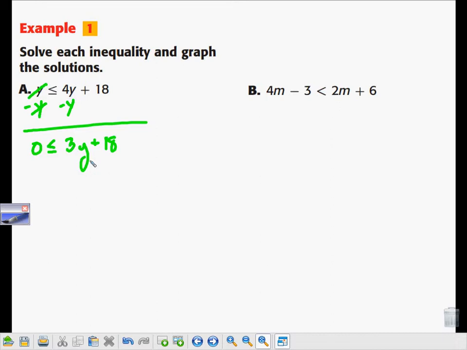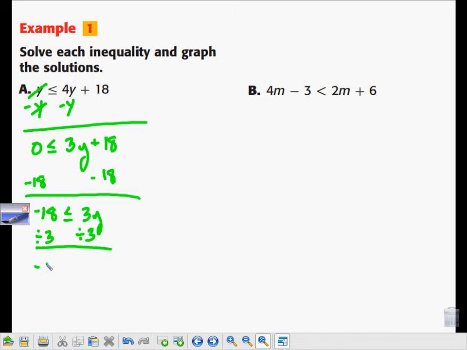Now I'll isolate the y variable, with it only on one side already. So take away the 18. Negative 18 is less than or equal to 3y. Divide both sides by 3, and I have negative 6 is less than or equal to y.